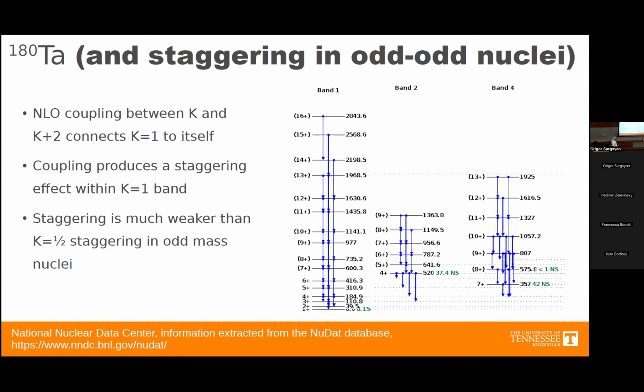So in the case of k equals 1 bands, that can also induce a self-coupling. Because it's a next to leading order effect, obviously we see that the staggering is not quite as marked as it was with the k equals 1/2 states. It's definitely visible as we go higher within the rotational band.